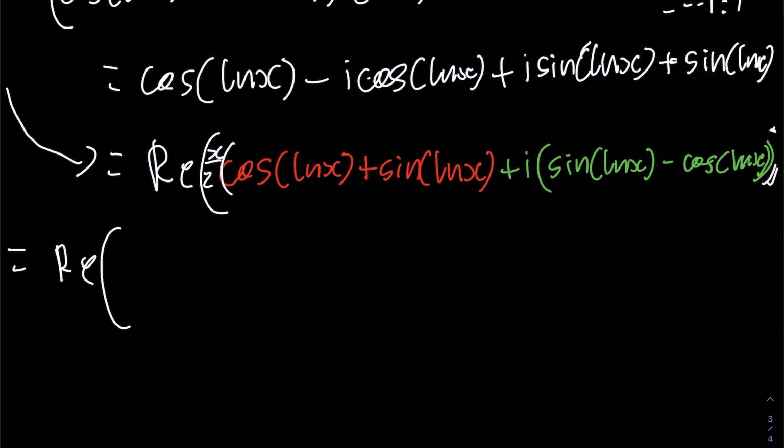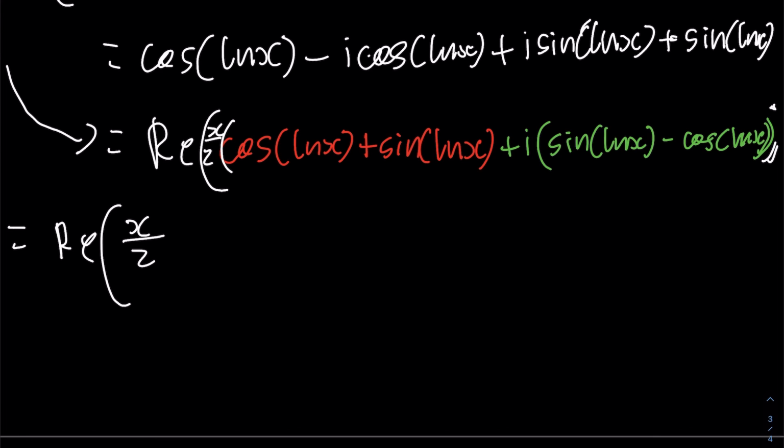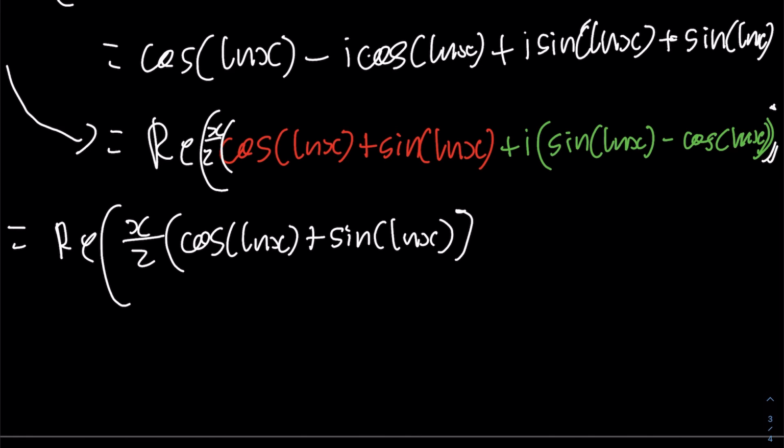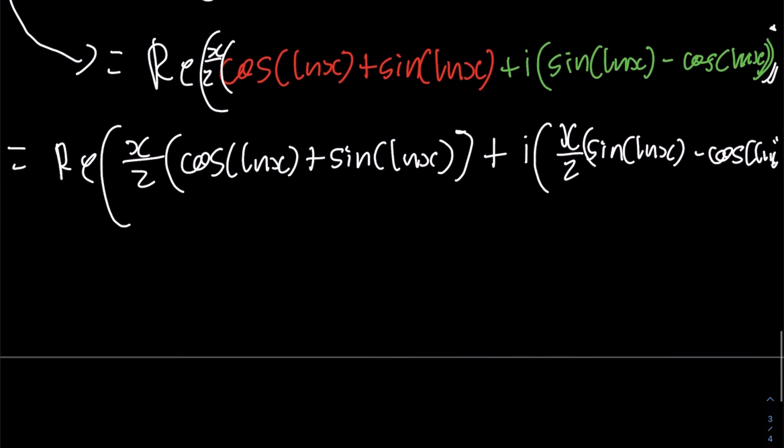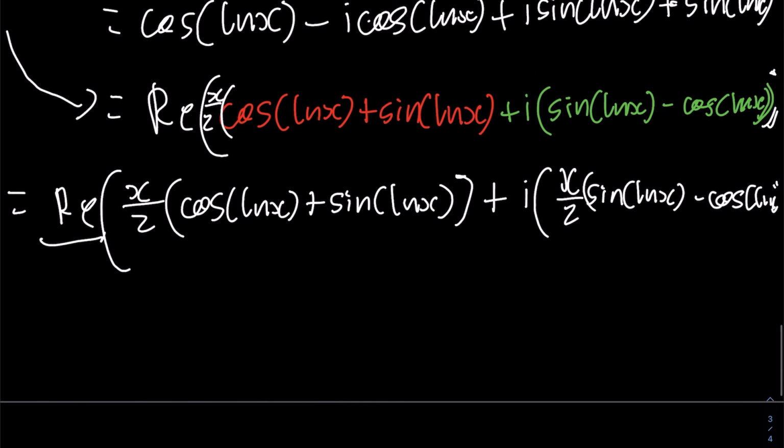We just have now x over 2 times the cosine of ln of x plus the sine of the ln of x, and then we have now the i multiplied by, and then we can write this as x over 2 times the sine of ln x minus x over, or let's just keep it like this. So we have two pairs of brackets here minus the cosine of ln of x. Just getting a bit crammed here. And now we see that our original thing is we're taking the real part of this entire expression.